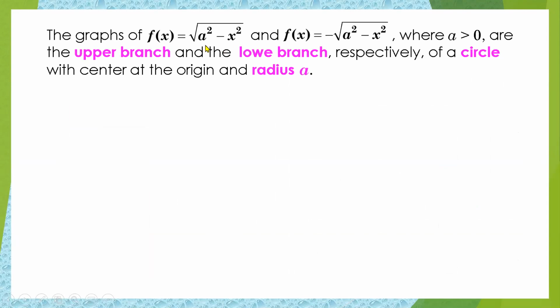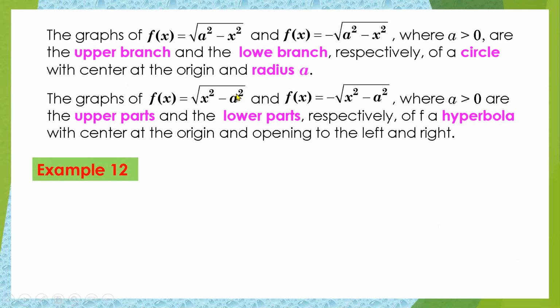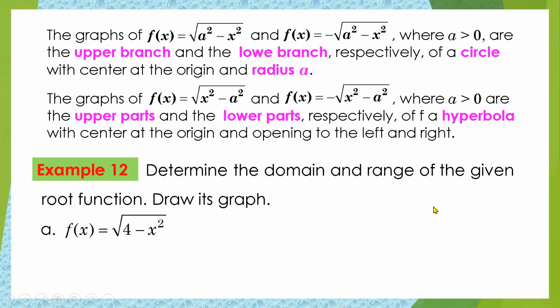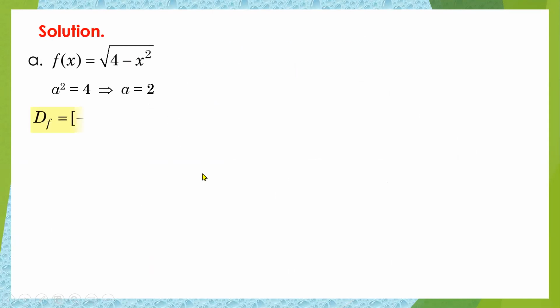This one, what type of root functions are these? Semicircles na? Upper semicircle, lower semicircle. Ang radius yung A. Ito naman, upper part ng hyperbola, lower part ng hyperbola. Let's draw them. Let's see. This is semicircle, radius 2, upper part.